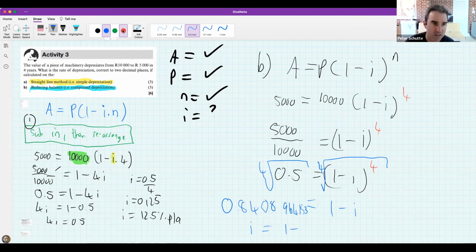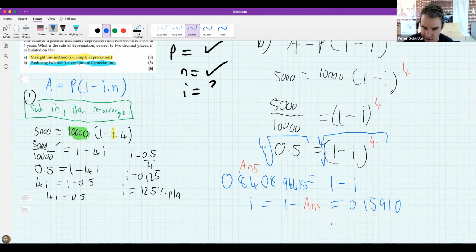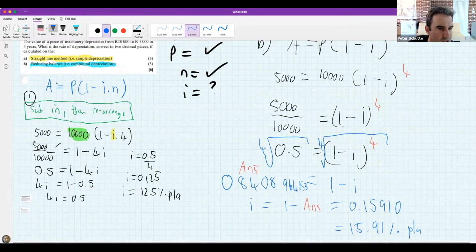So whenever I press the equal sign, the answer key will store that there. And so we get 0.1591 and 0. And so as a percentage, it will be 15.91%. And this would be also per annum. Rate of depreciation is per year.